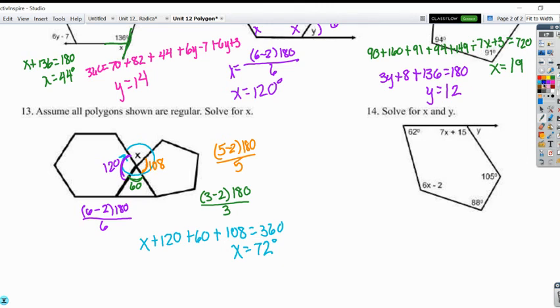Lastly here, as we look at number 14, I want to find that interior sum, so 62 and 7x plus 15 and 105 and 88 and 6x minus 2 all together have to equal, let's see, 1, 2, 3, 4, 5 sides. So 5 minus 2 times 180 gives me a 540 total.